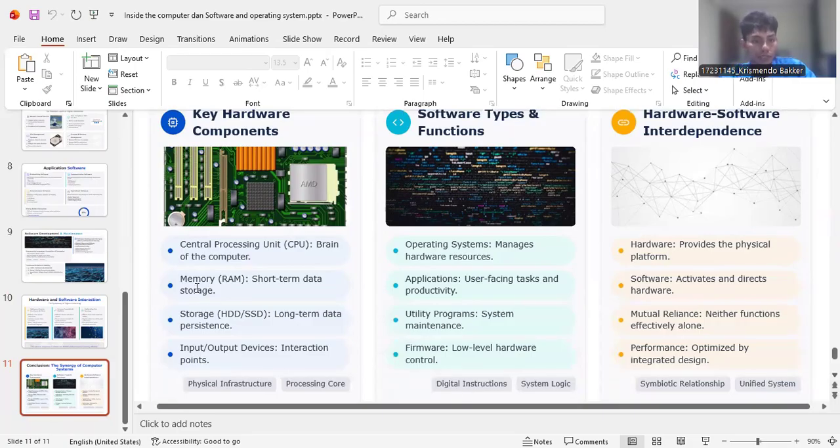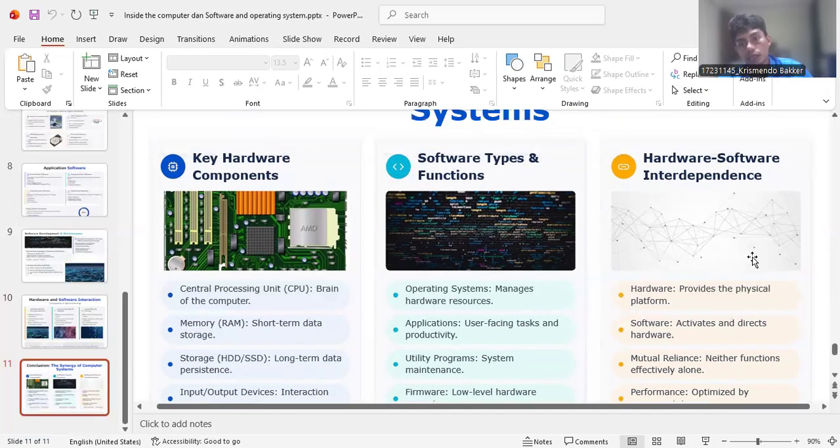Key hardware components also include storage, such as hard drives, SSDs, and USB, for long-term data persistence, and input/output devices as interaction points. Software types and functions also include utility programs for system maintenance and firmware for low-level hardware control. Hardware and software interdependence: hardware provides the physical platform, and software activates and directs hardware.